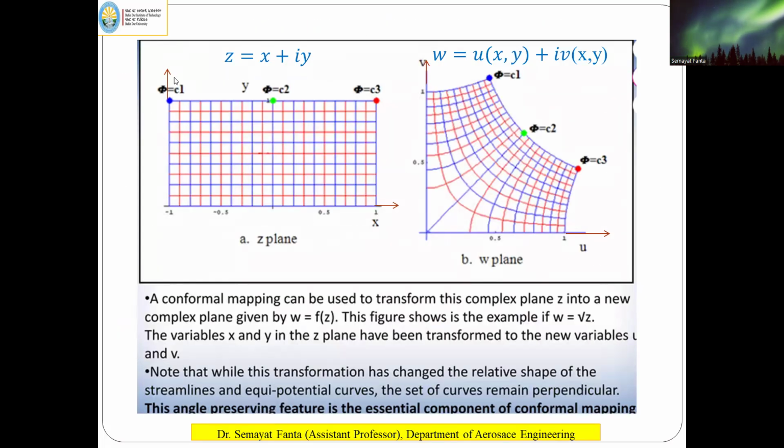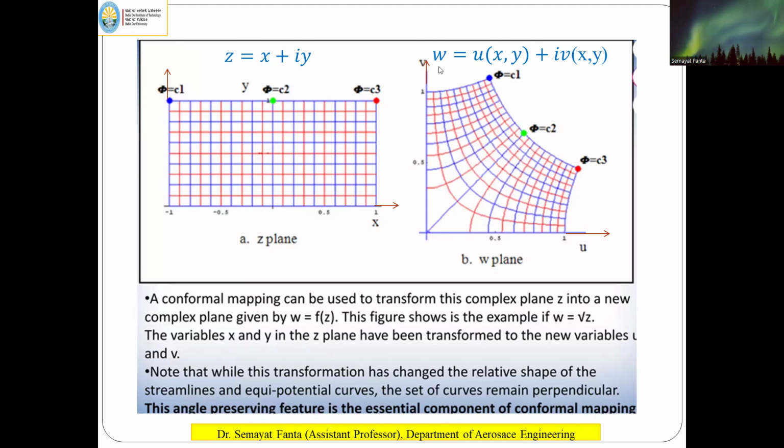So this is actually the conformal transformation or conformal mapping system. Initially, the object is in the XY plane, which is considered the Z plane, where Z is equal to X plus iY. So that is a complex plane of XY.